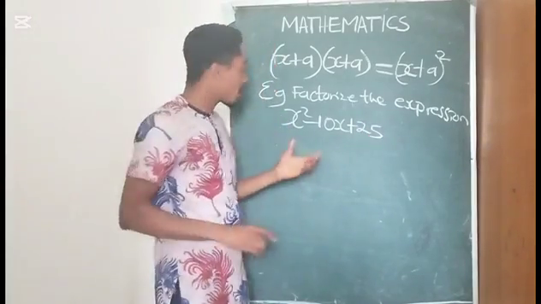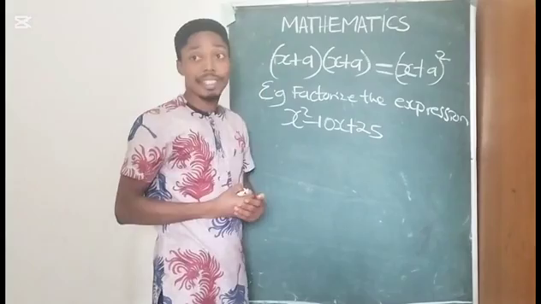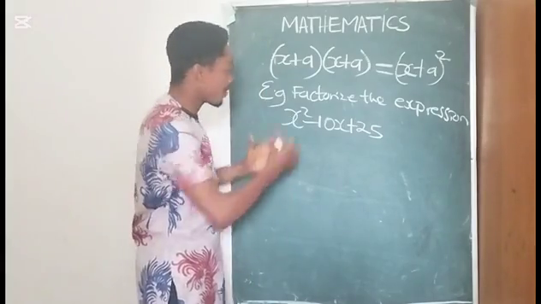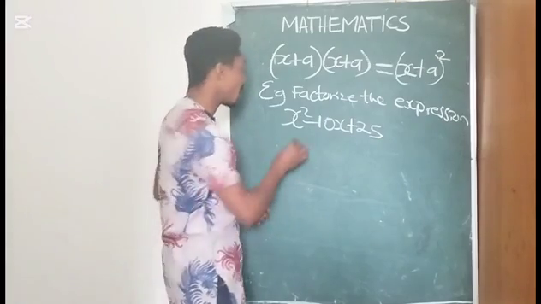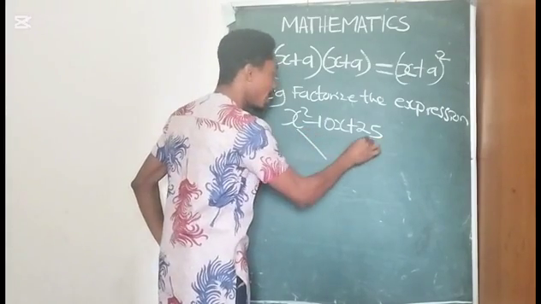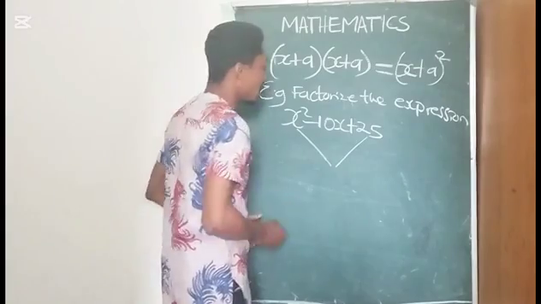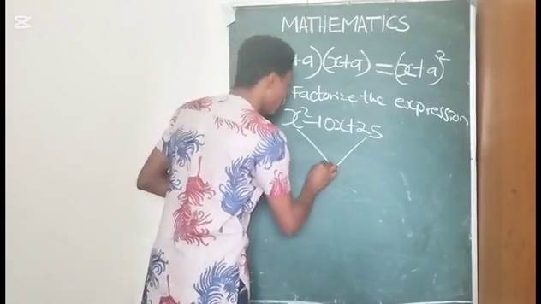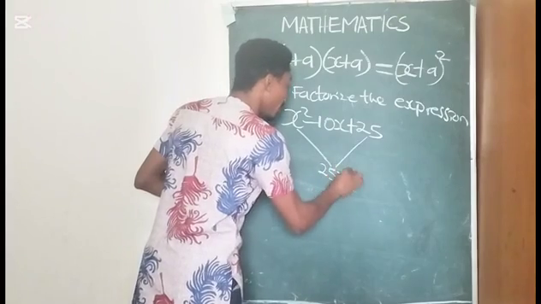If you are factorizing this expression, the first thing you need to do is multiply the first term and the last term. Multiplying them, you are going to have 25x squared.